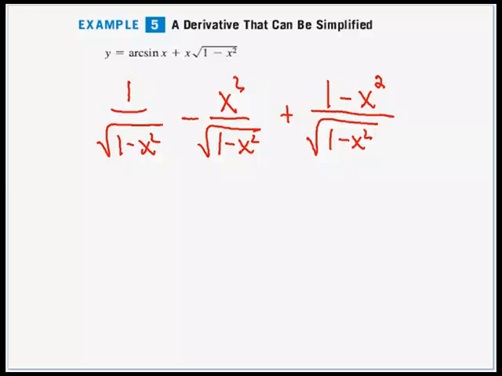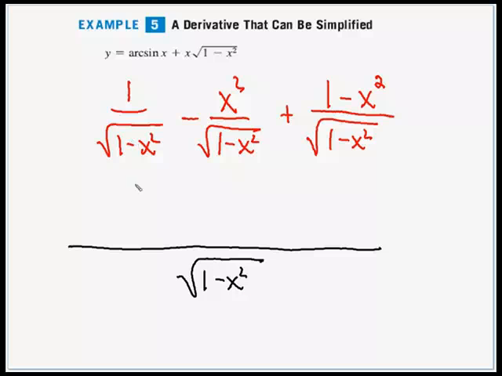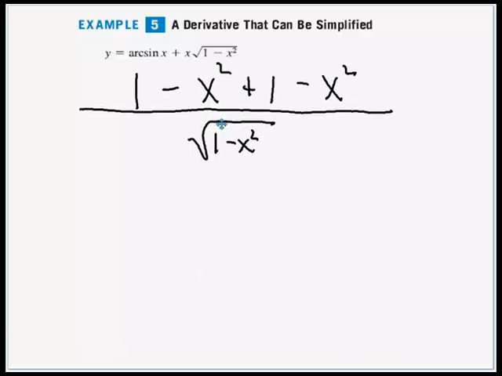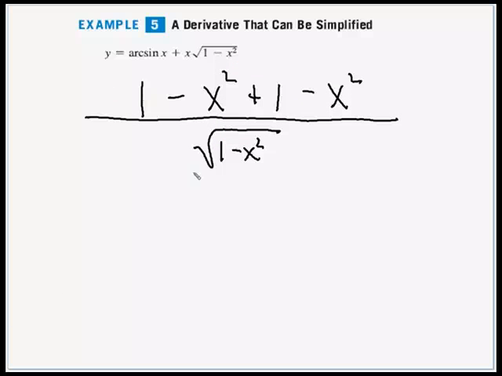So let's see here. We're going to have a big divider line, 1 common denominator, radical 1 minus x squared. And our numerator here, we have a 1 minus this middle x squared plus 1 minus x squared. And if we combine all those terms in the numerator, we have a 1 and a 1 is a 2, minus x squared is 2 minus x squared, over our common denominator.